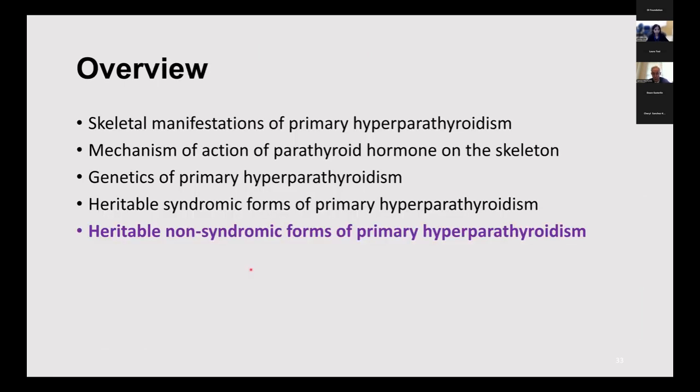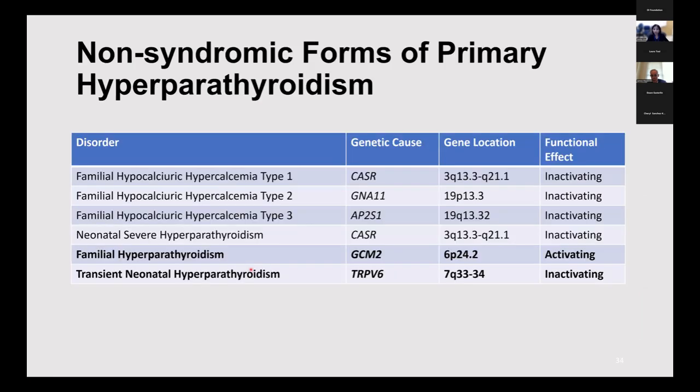And then we'll move on to discuss the non-syndromic forms. We've talked about CASR in the last few talks. Among the non-syndromic forms, familial hypocalciuric hypercalcemia is the most common.